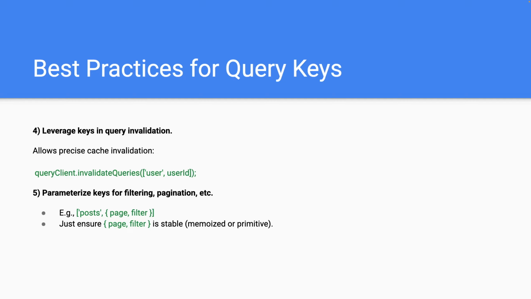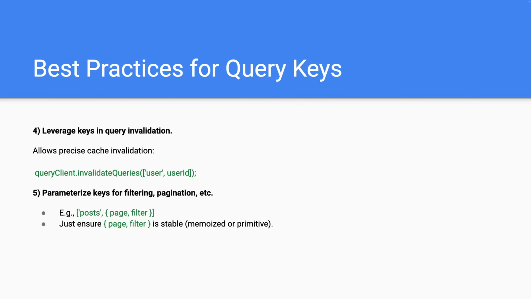And here I am passing a key which is an array, and the first element is user and the second element is user ID. So here I am invalidating only one object, because the API which is related to this call returns the details of one user.